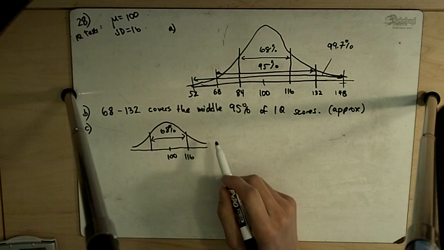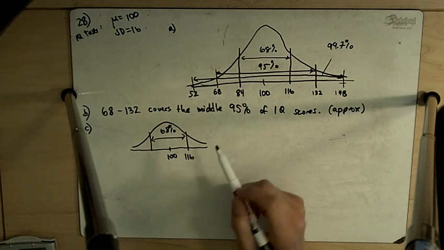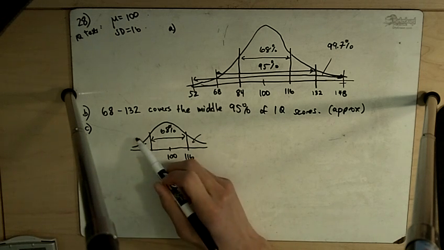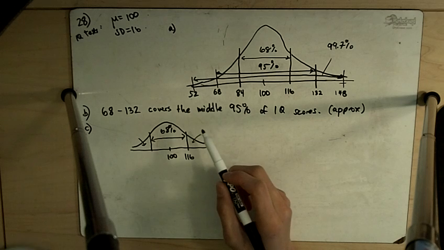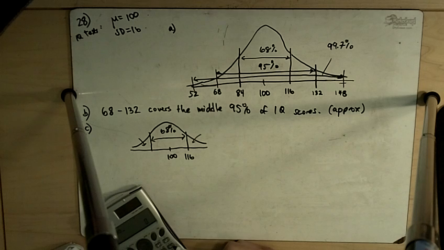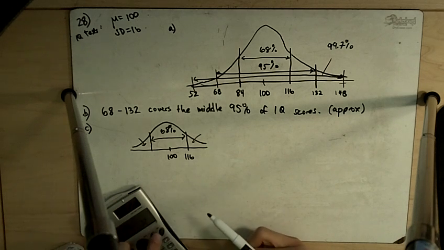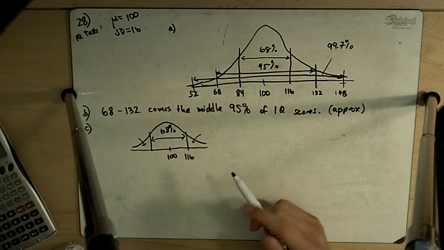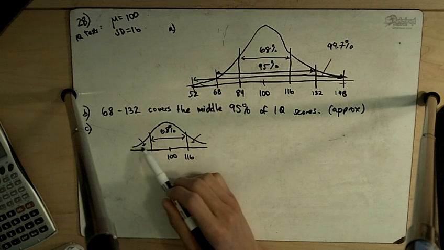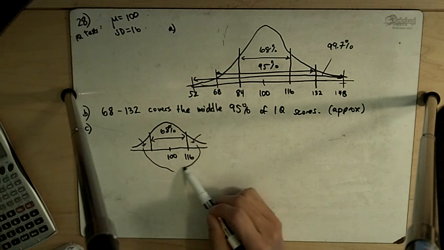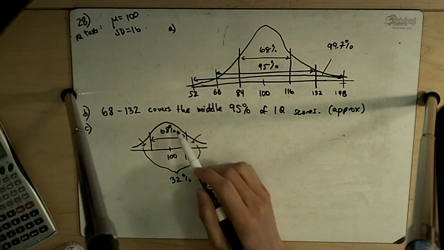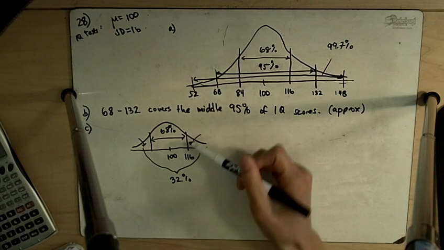And the normal distribution is perfectly symmetric, which means whatever portion is on this side is also going to be equal to the portion on this side. The entire curve adds up to 100%. So if I do 100% minus 68%, we have 32% left in the two sides. So if we have 68% in the middle, that means this side plus this side, the remaining parts, add up to 32%. So 68 plus 32 adds up to 100%.